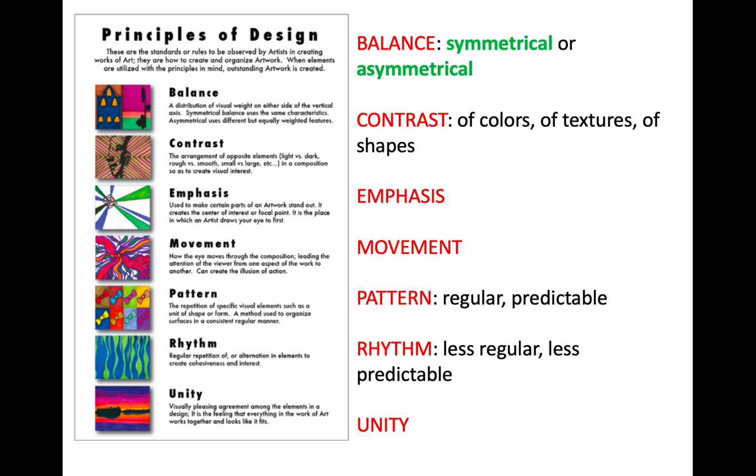The principles of design. This is going to be a little faster. The principles of design, as we said, are balance, contrast, emphasis, movement, pattern, rhythm, and unity. So balance, we can make a distinction between symmetrical balance and asymmetrical balance. And what does that mean? Symmetrical balance means that the image is organized in a way where two sides, which can be the left and the right, or the top and the bottom, are not identical, but they create a balance that is largely arranged in a symmetrical way.